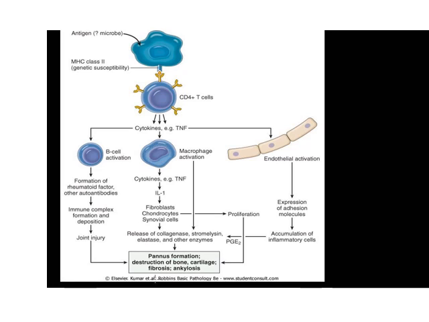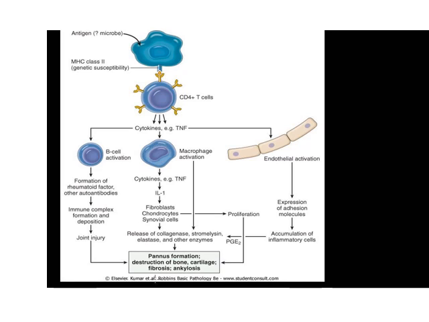Activated macrophages release some cytokines, tumor necrosis factor, interleukin 1, which also activate the fibroblasts, chondrocytes, and synovial cells. These also cause release of different types of enzymes and ultimately cause destruction of the joint.